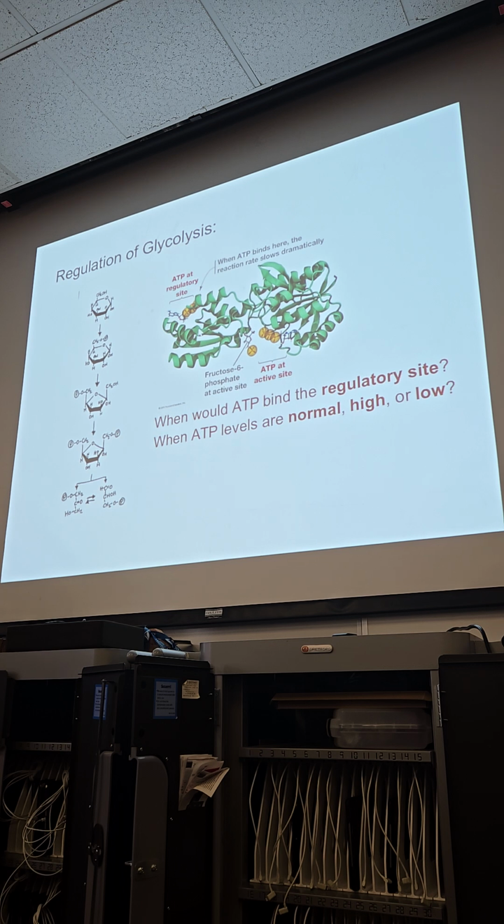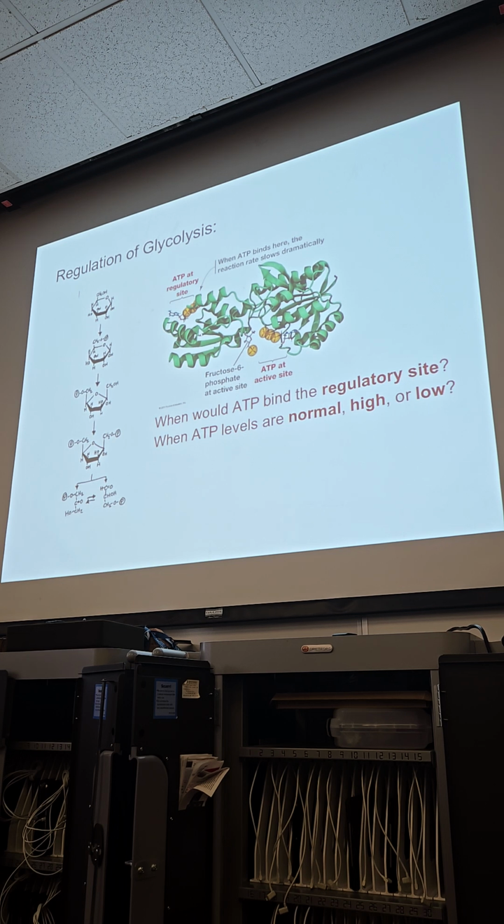Do all cells have a mitochondria? No, not all cells have mitochondria. Does anybody know what cells do not have mitochondria? It was in the reading. Prokaryote. No. Which cells do not have mitochondria? In our cells? Yeah, in our cells.